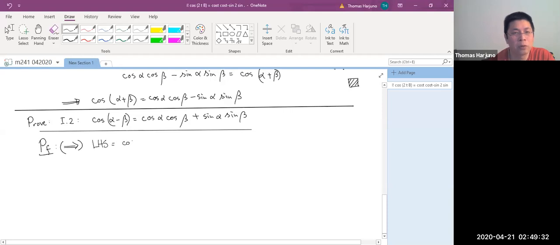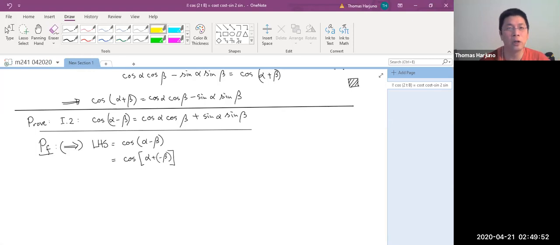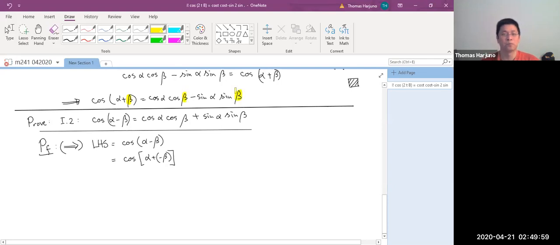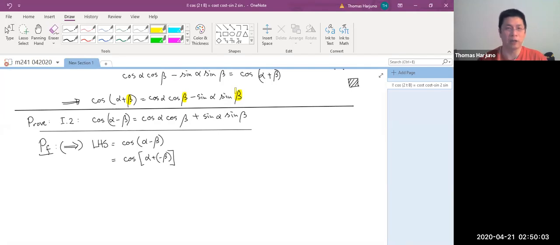We get cosine alpha minus beta. Now, we will see this cosine alpha minus beta as cosine alpha plus negative beta. So basically, I will change this beta here to negative beta.